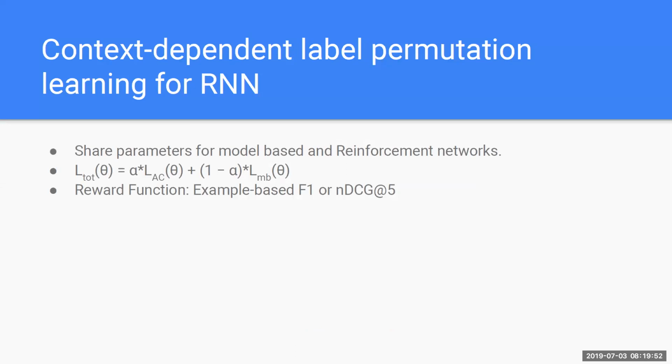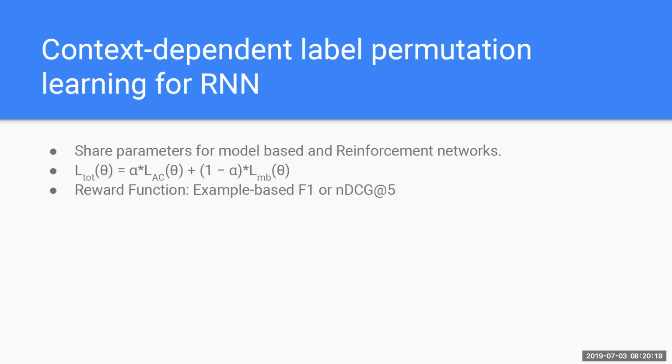It tries to model the generation of subsequences, like a ranking of subsequences. So you can combine both of these models through a parameter: your total loss is going to be alpha times the loss of the actor-critic method plus the complement of that times the model-based method loss.